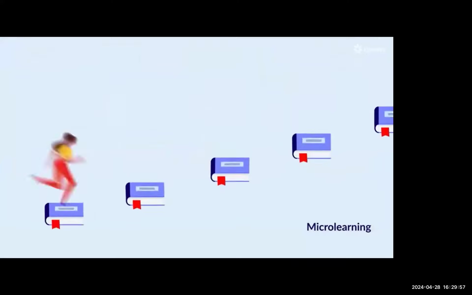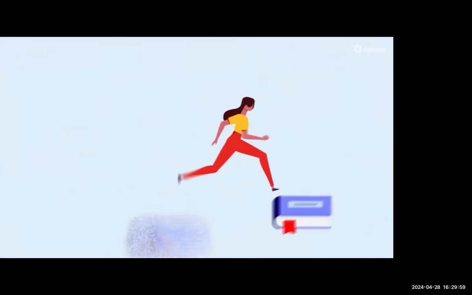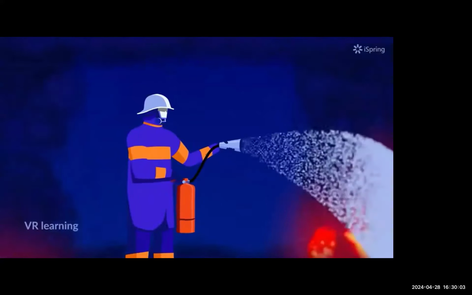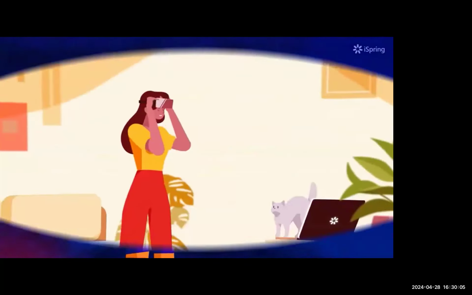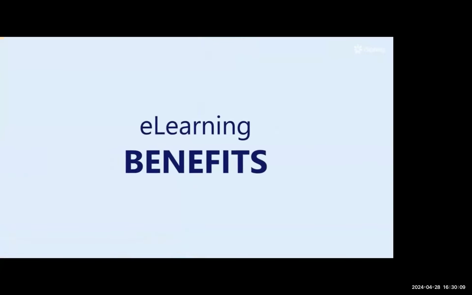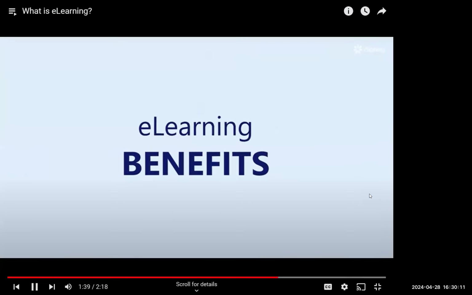In micro-learning, all materials are split into short and easy-to-digest learning bites. Employees can take 5-minute courses on their mobile devices anytime they need. Virtual reality in e-learning allows learners to develop skills while gaining experience in a risk-free environment. E-learning helps everyone achieve their goals quicker and easier.